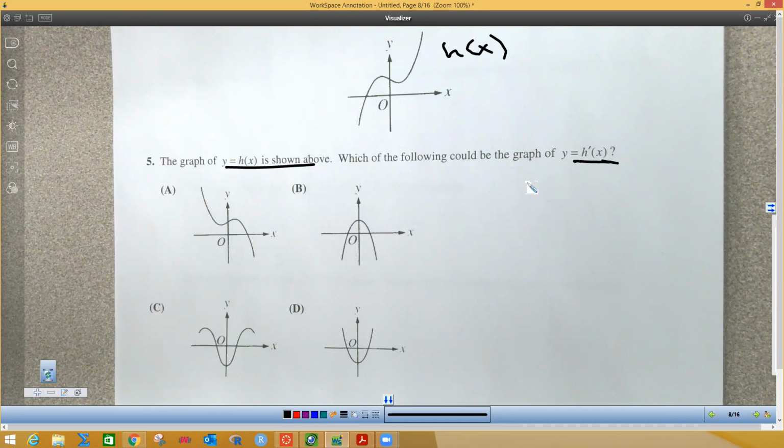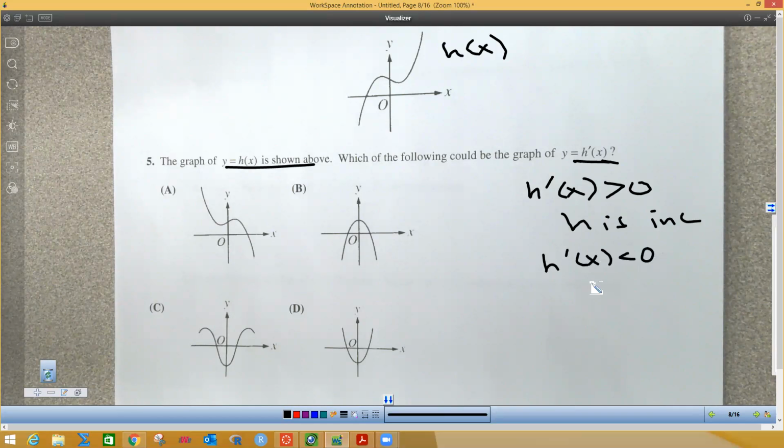So first of all, if h prime of x is greater than 0, that means h is doing what? Anybody tell me out there in the world? If the derivative is greater than 0, what's h doing? Increasing. And if h prime of x is less than 0, that tells me h is decreasing.